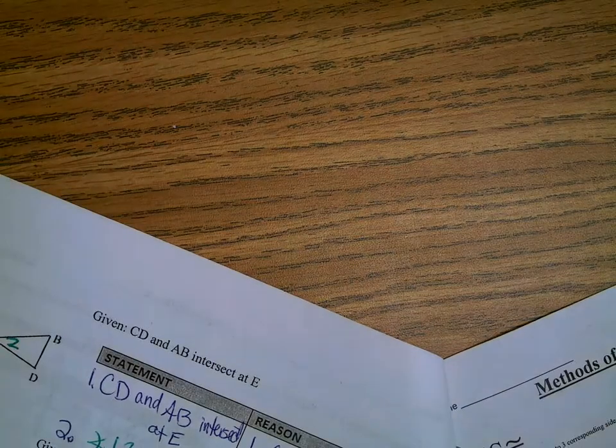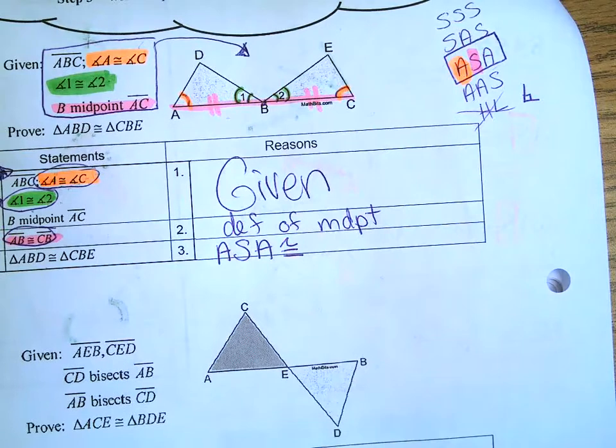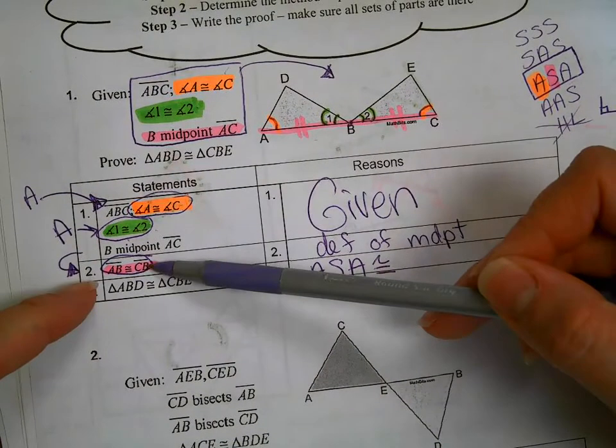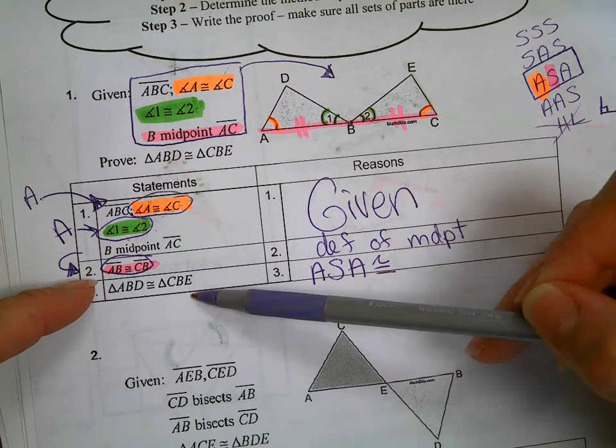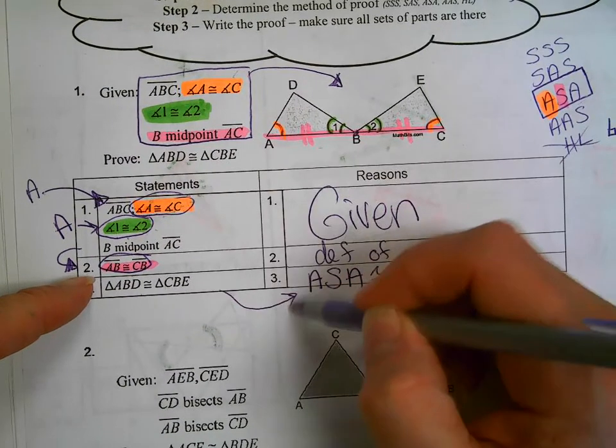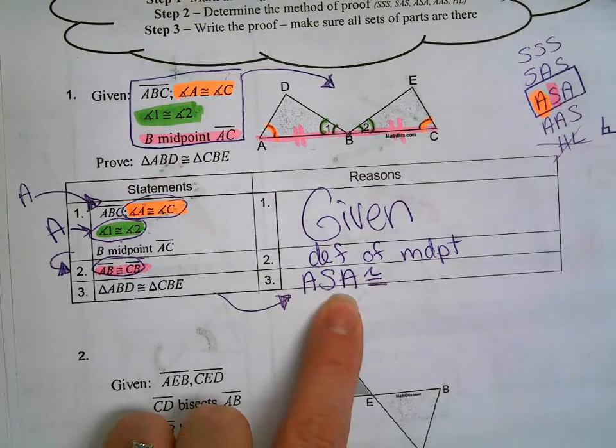Okay. So again, these are the methods of proving triangles congruent, meaning it's an outline. You need two sets of angles and a set of sides listed as congruent to make these two triangles congruent. Then we conclude our proof by saying angle, side, angle.